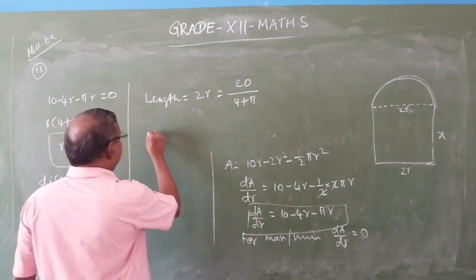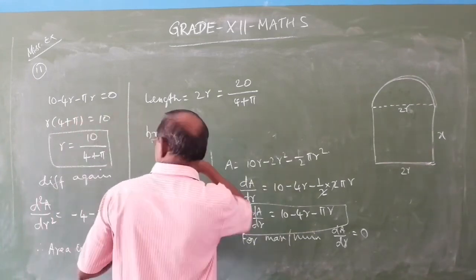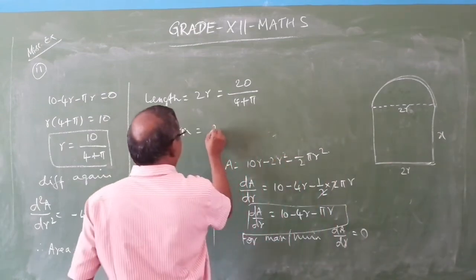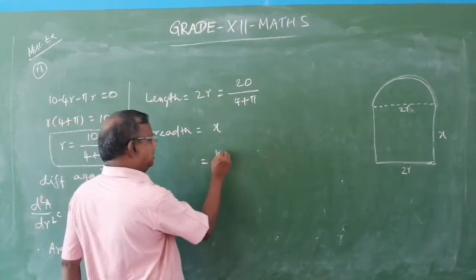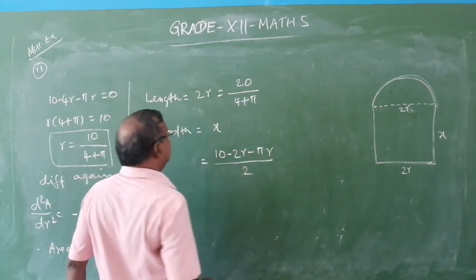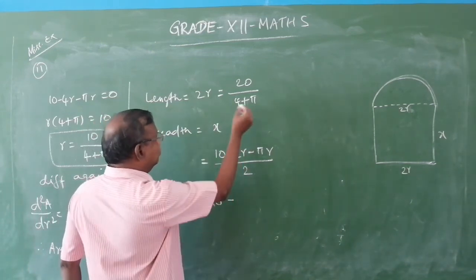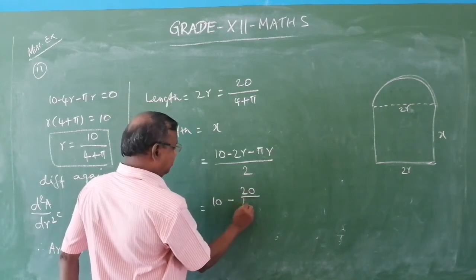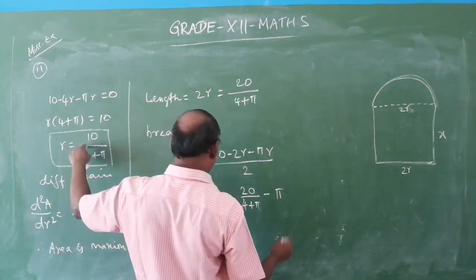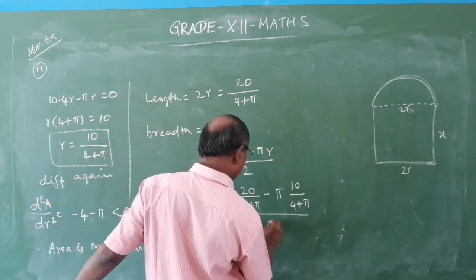Now the breadth of the rectangle, that is x, where x equals (10 minus 2r minus pi r) divided by 2. Now recalling the value of r, 2r is 20 divided by (4 plus pi), and pi into r, where r equals 10 by (4 plus pi), whole divided by 2.